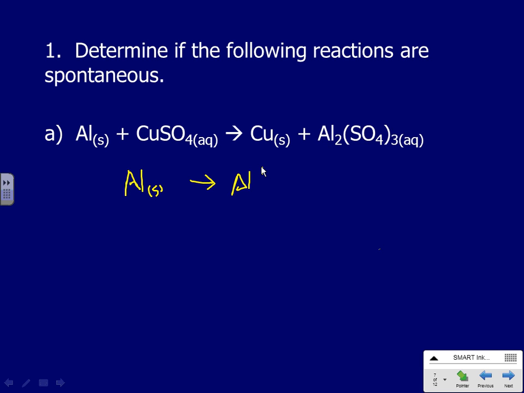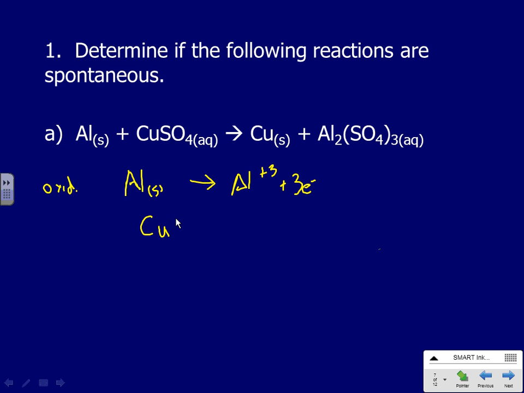So Al plus 3, and what side are my electrons going on? Right, plus 3 electrons, and therefore, what is this half representing? Oxidation.